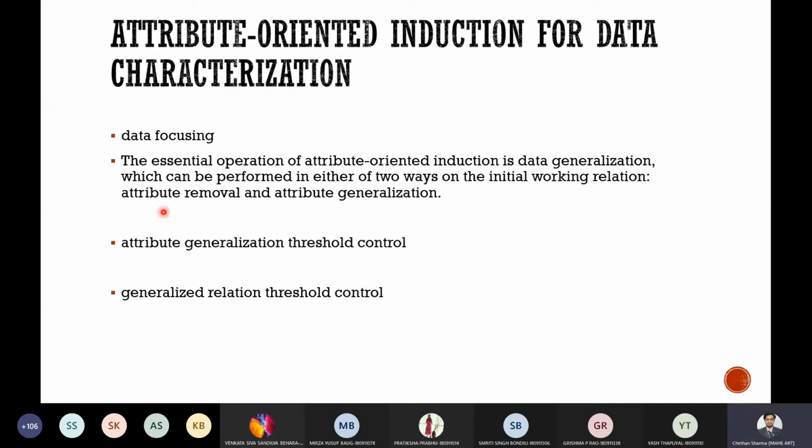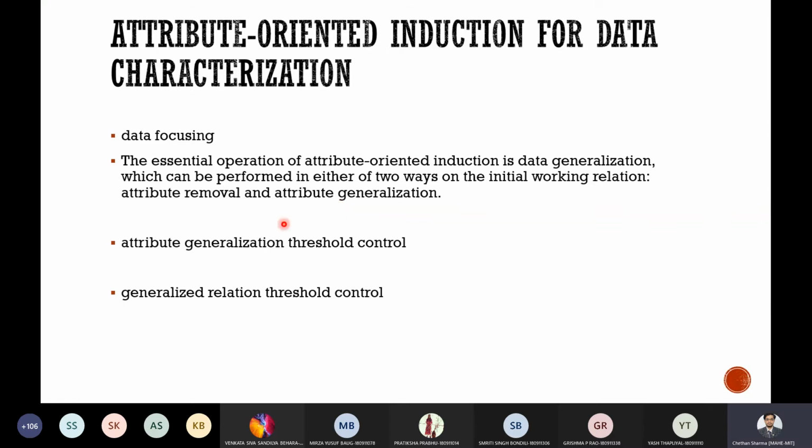Instead of performing generalization on the entire data set, you first select the task-relevant data and then perform the generalization. This generalization is usually performed either using attribute removal or attribute generalization. So we'll see what each of these is.